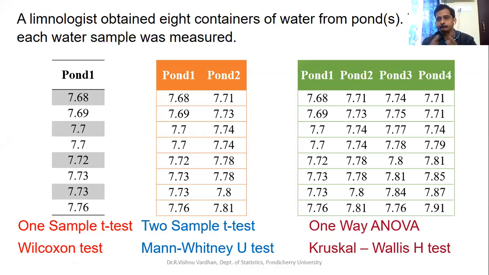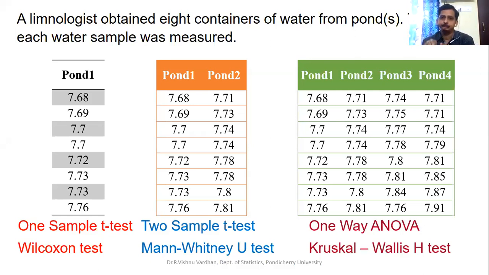Suppose I add region 1, region 2, region 3, then what will it become? I have to observe the variation of pH concentration across regions as well as across independent ponds. Regions are independent, ponds are independent. Then these become the factors that help us explain the variability across the regions and across the ponds with respect to mean.